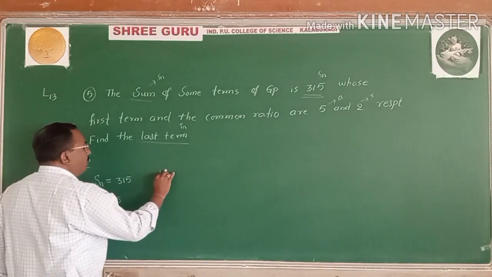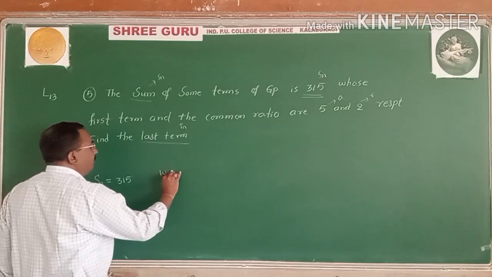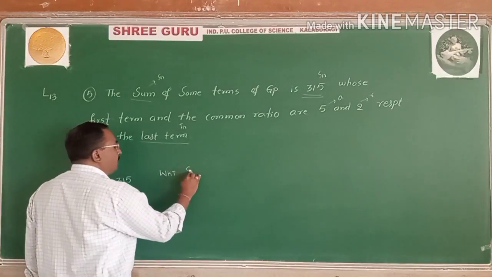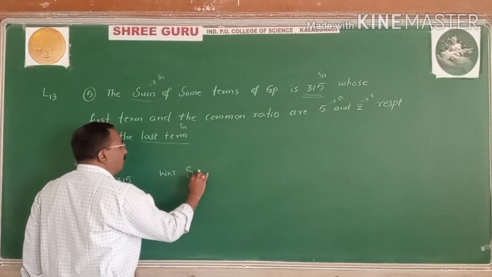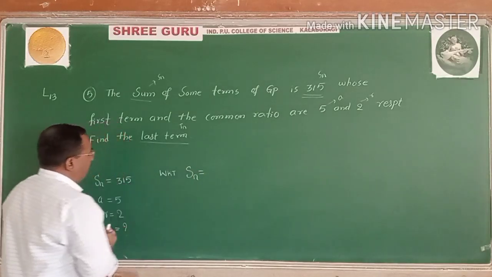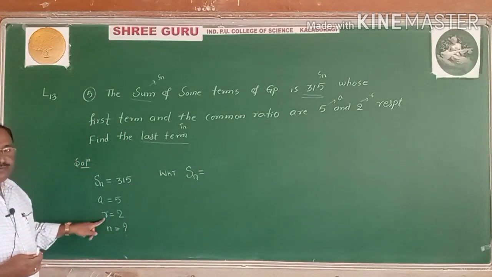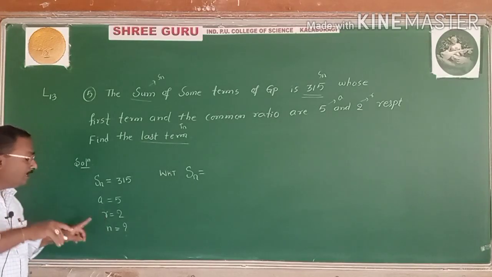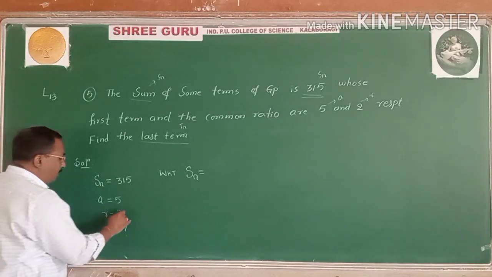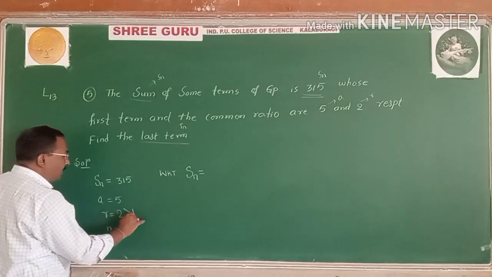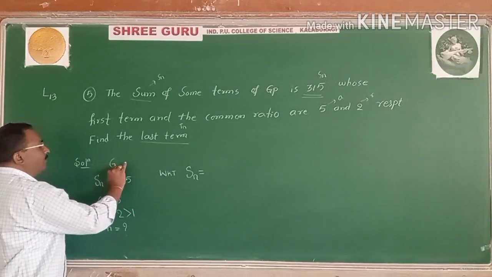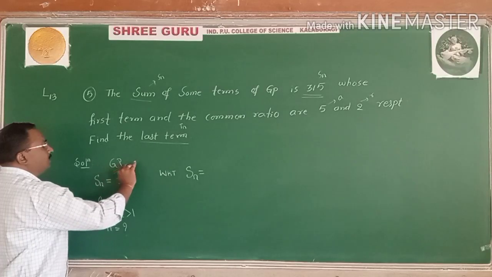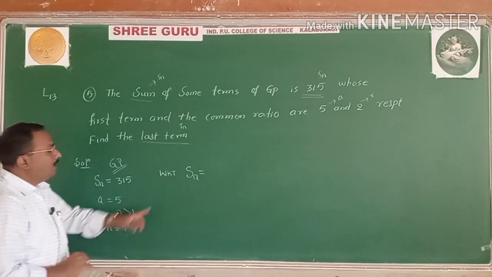We know that Sn is equal to... here the common ratio is greater than 1, so it is in the form of a GP, geometric progression.